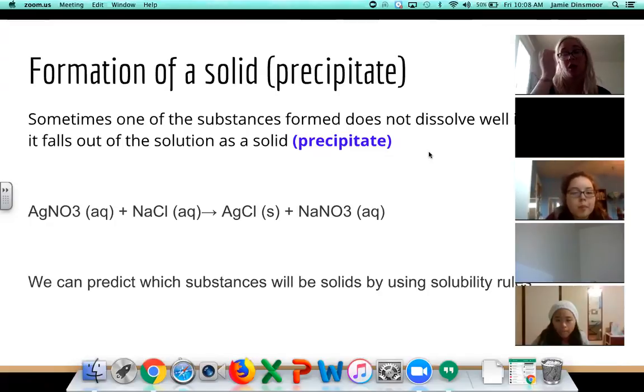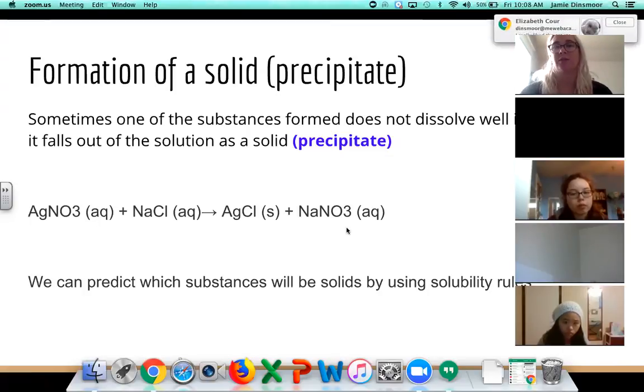So when we see real full equations written out, not only are they balanced, but we also would see these parentheses of what state that element is in. So AQ means aqueous, which means that it's dissolved in water, right?